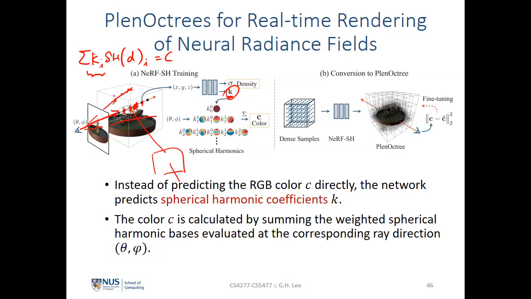And then I'll cache it somewhere, but I don't cache everything, because not all the points in the 3D volume are occupied. So what they did is that they store it as an Octree. That means they directly store only those points, the K and the volume density, that correspond to a surface.